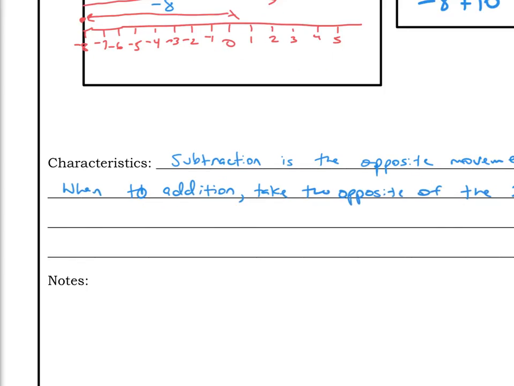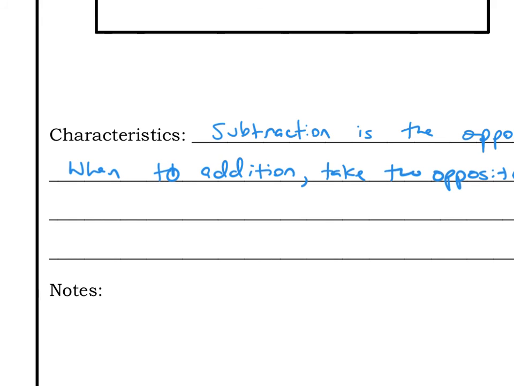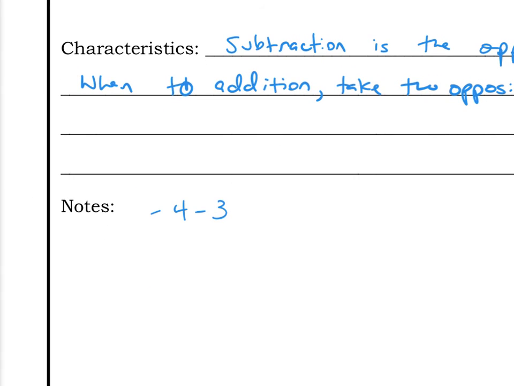So for example, if I had -4 minus 3, right now 3 is a positive number, right? That's a subtraction sign. You need some kind of operator between the two numbers, so that has to be a subtraction sign. So therefore, when I change it to addition, this becomes its opposite. So it becomes -3.